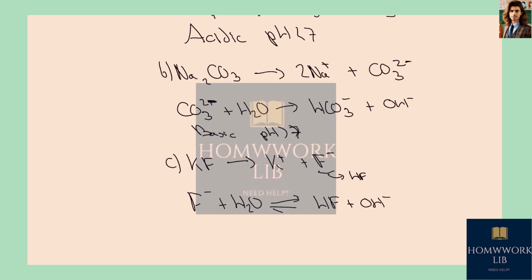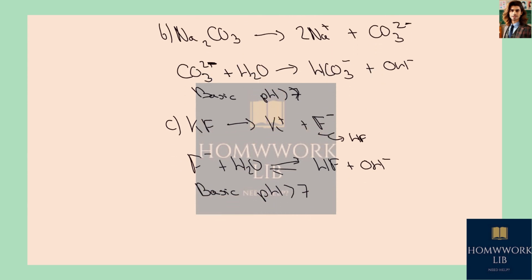So this solution is going to be basic with a pH higher than 7. If you're curious about this, HF, remember that this is a weak acid, so you can find a value for the pKa for that weak acid.